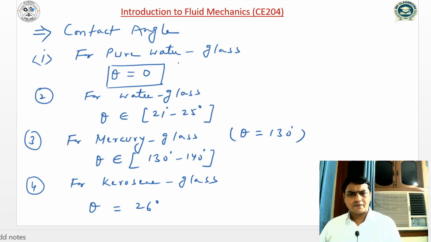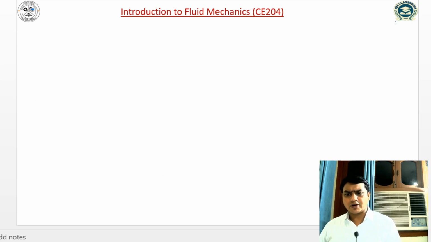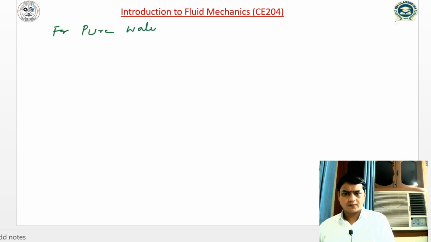In case of pure water, if I write the expression of capillary rise, theta is equal to 0 degree, and we know that when theta is 0 degree, the value of cos theta will be maximum, that is unity.